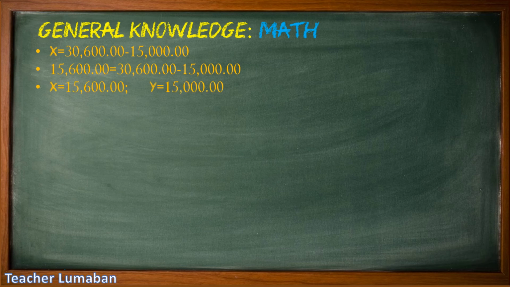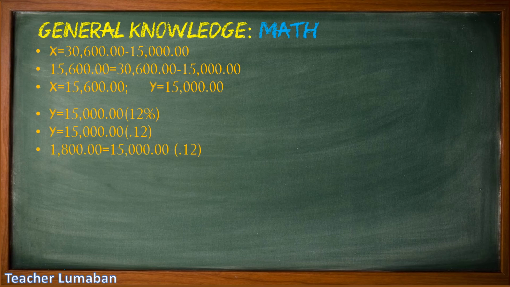X equals 15,600, and Y equals 15,000. Y equals 15,000 multiply by 12%. Convert 12% to decimal. The shortcut way to convert from a percentage to a decimal is by removing the percent sign and moving the decimal point 2 places to the left.